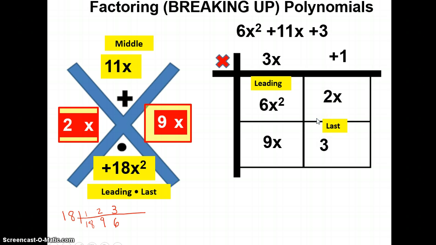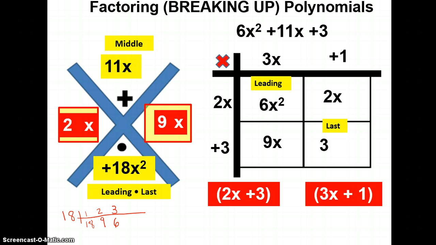What about these two? What are they both a multiple of, and what variable do they have in common? Great. What about these two? What are they both a multiple of? 3. Awesome. So my binomials are 2x plus 3 and 3x plus 1.